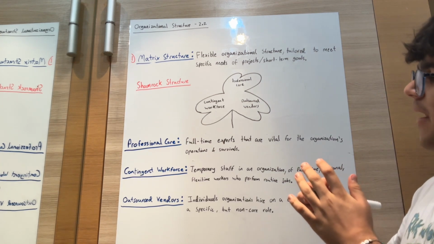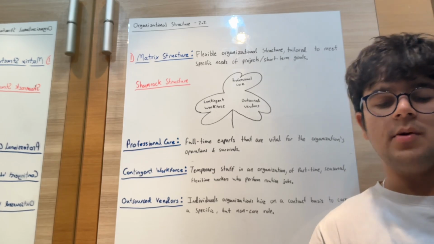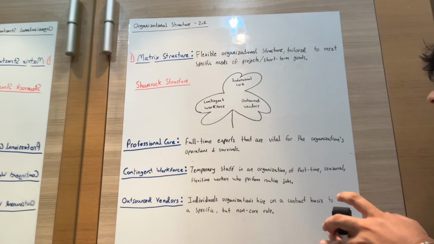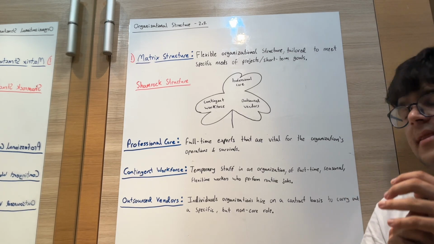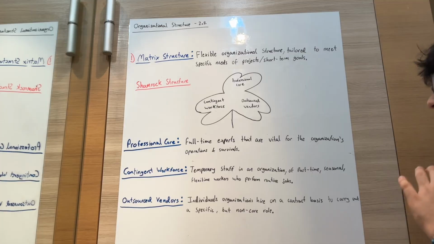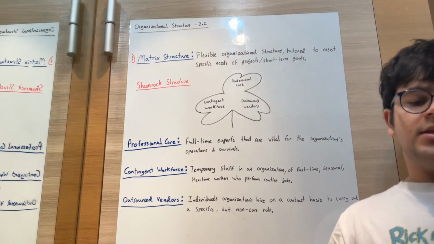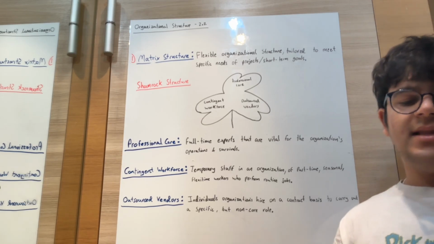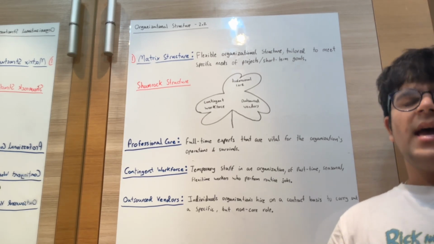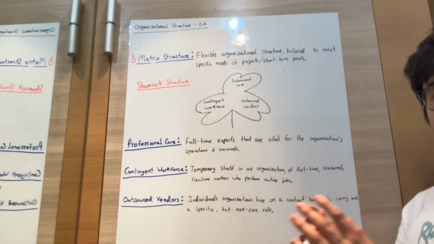And then we have third, outsourced vendors, or what we call outsourced workers. These are individuals hired by an organization on a contract basis to carry out a specific but non-core role. This mainly consists of self-employed individuals, professionals and contractors who are flexible and have project-based terms.